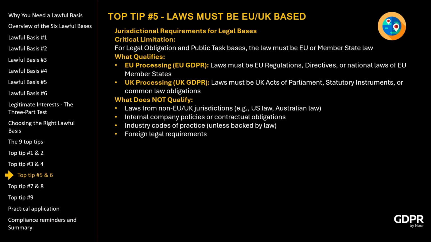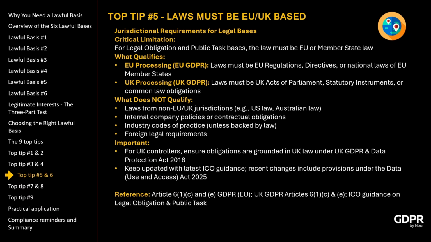US laws, Australian laws, internal policies, contracts, and industry codes also don't count. So if you are required to process data under non-EU or UK law but operate in Europe or the UK, you may need to rely on legitimate interest or other bases instead. Legal obligation and public task have strict geographical limits. Only European, member state, or UK law can support them.